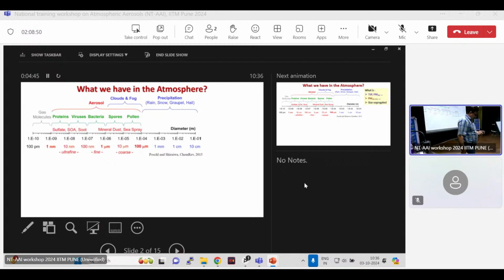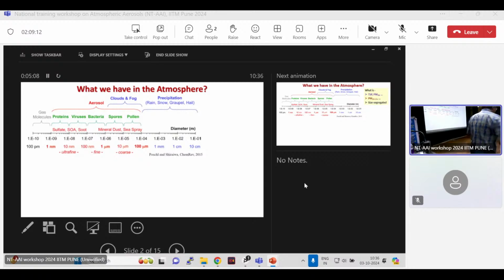What is in green? Bioaerosols. So they are proteins, viruses, bacteria, spores, pollen. Bioaerosols are all in green. And then you have these things in red, from 1 nanometer to 100 micrometer.